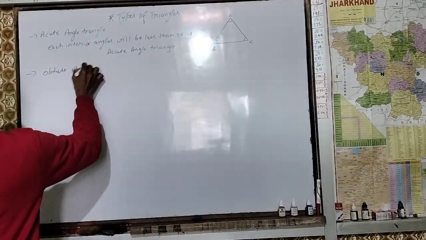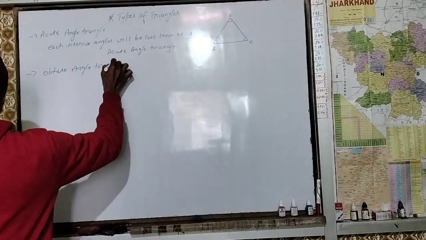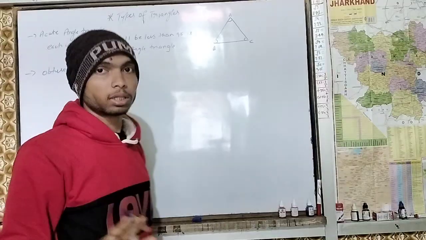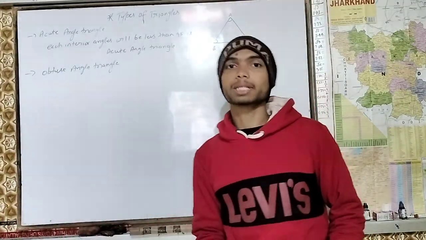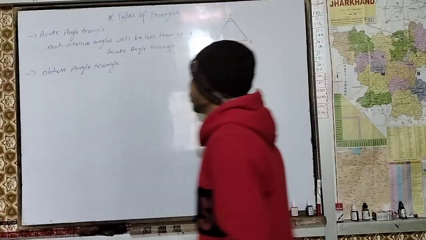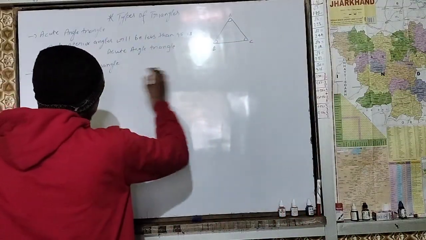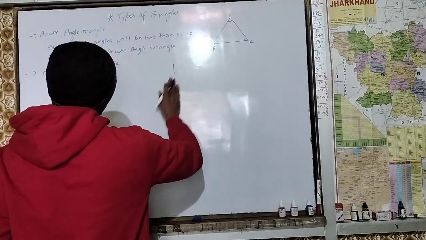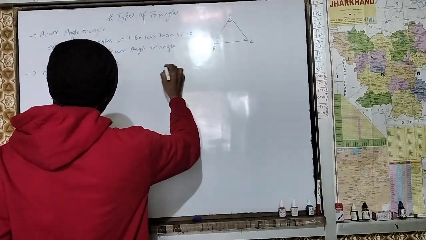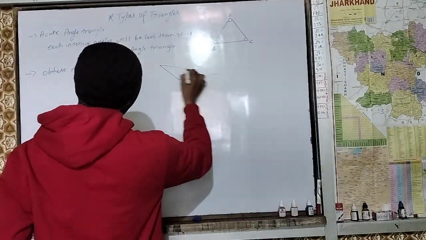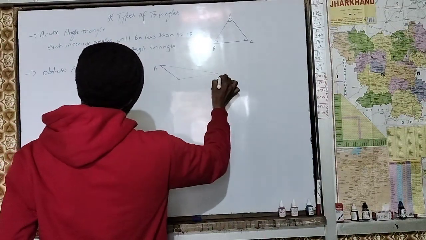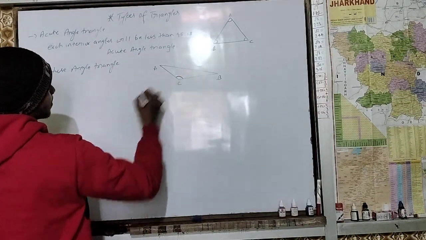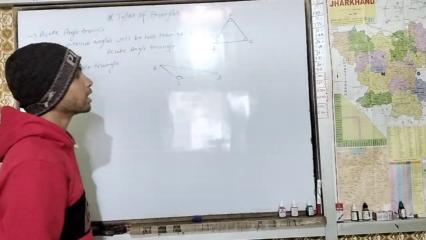Next we have the obtuse angle triangle. In this case, any one angle. Here we will not care about the sides. Any one angle. For example, A, B, C. In this case, we can see it is making more than 90 degree.